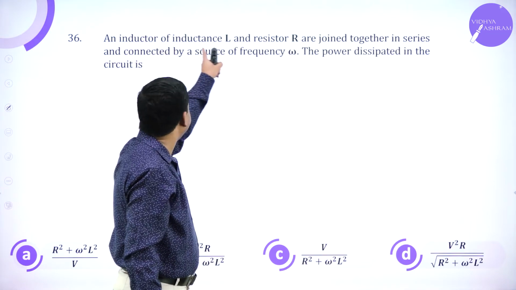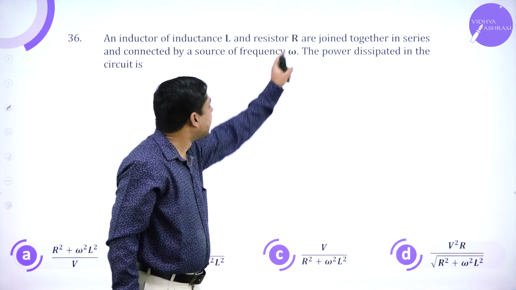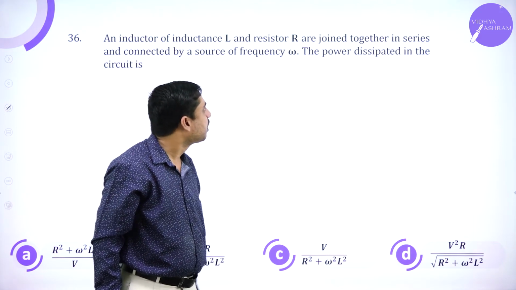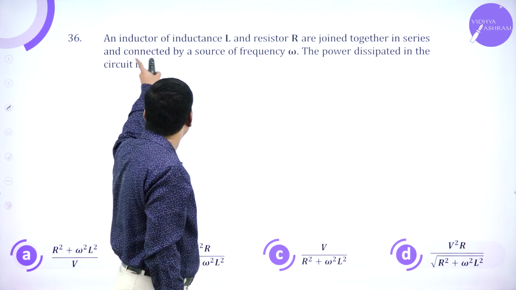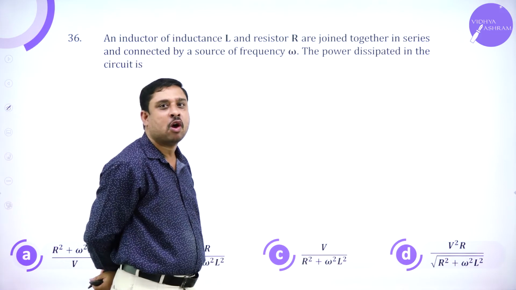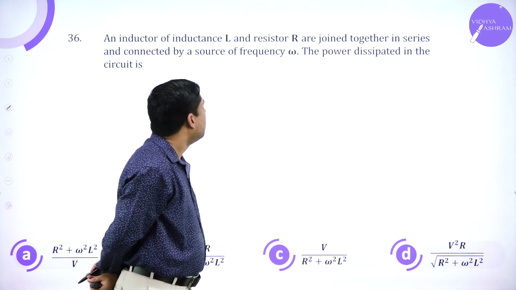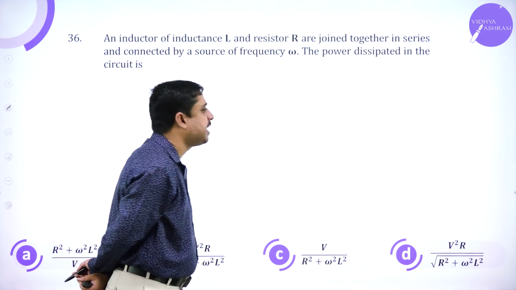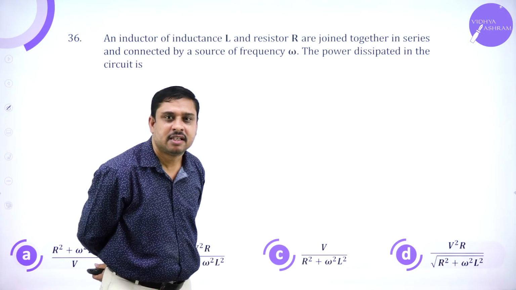Now, an inductor of inductance L and resistor R are joined together in series and connected to a source of frequency omega. Power dissipated in the circuit has to be calculated.